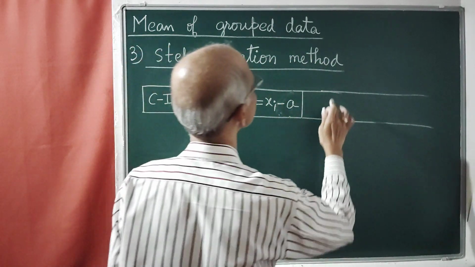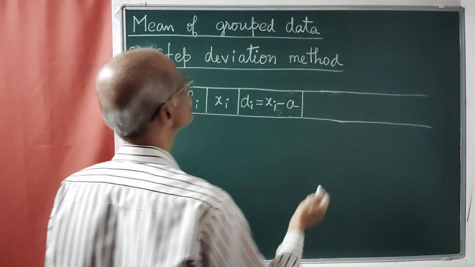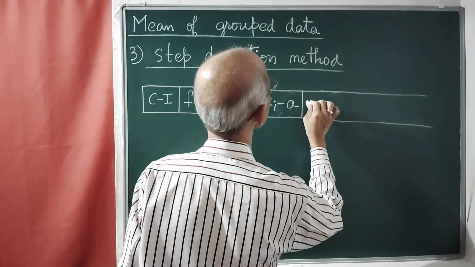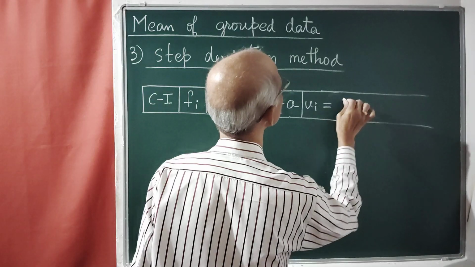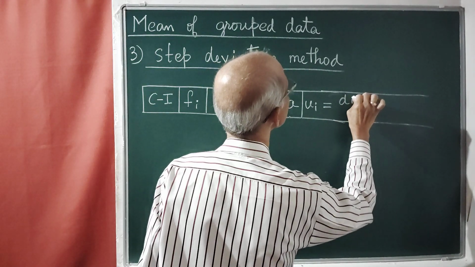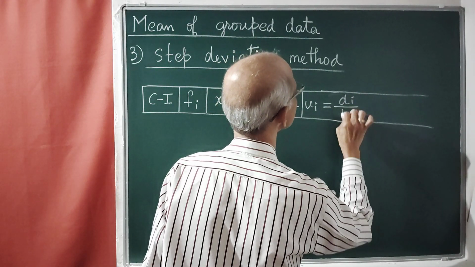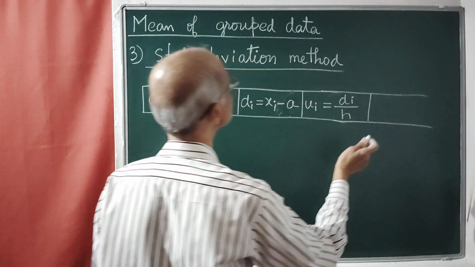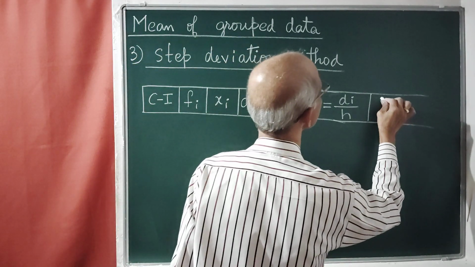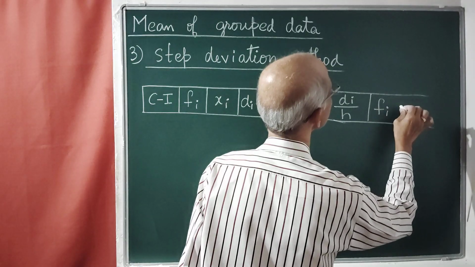Then the next column is, we have to find the value of ui. Ui is equal to di by h. The last column is fi ui, fi into ui.